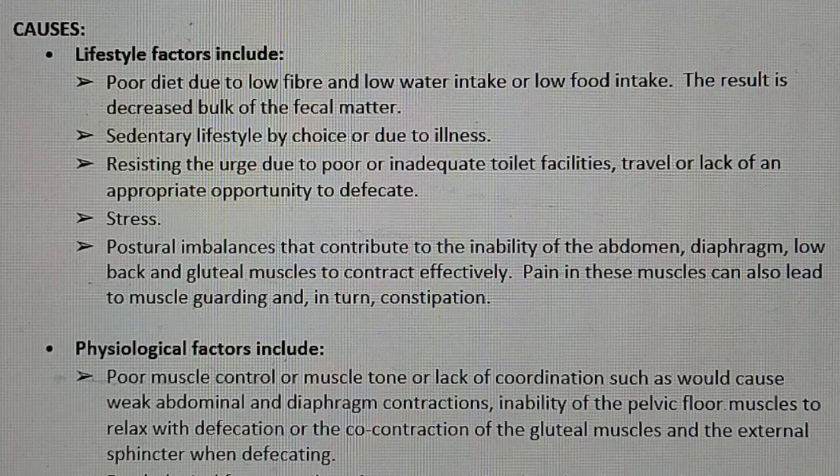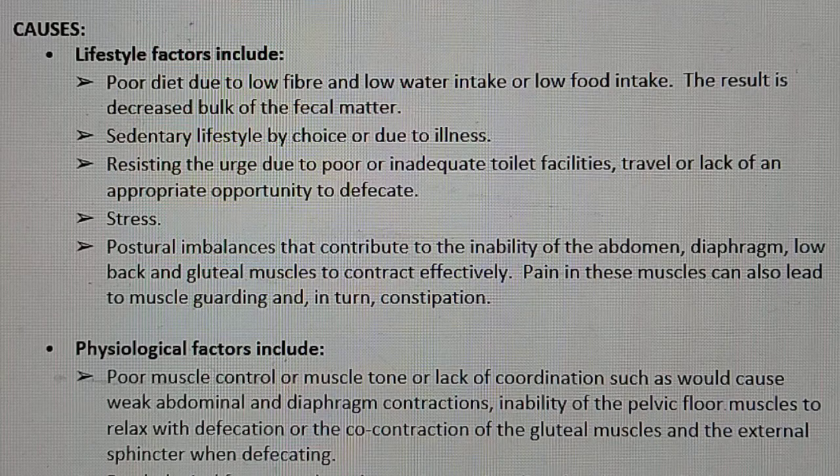Okay, so one is stress. It causes constipation as well. So postural imbalances contribute to the inability of the abdomen, diaphragm, low back, and gluteal muscles to contract effectively. Okay, so pain in these muscles can also lead to muscle guarding and in turn constipation.